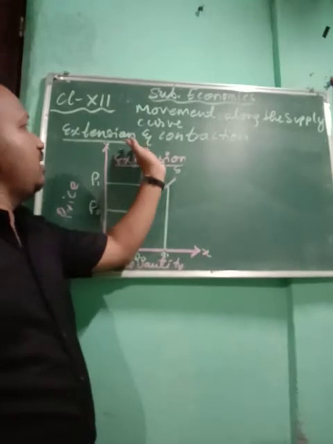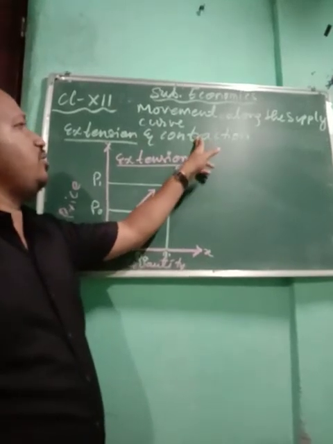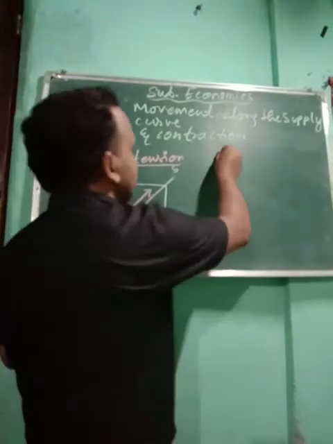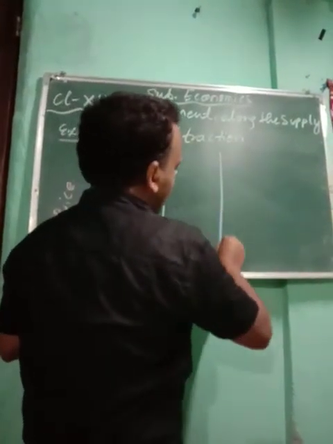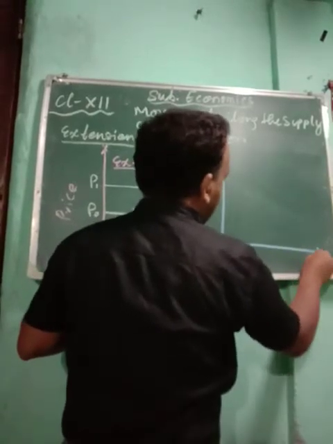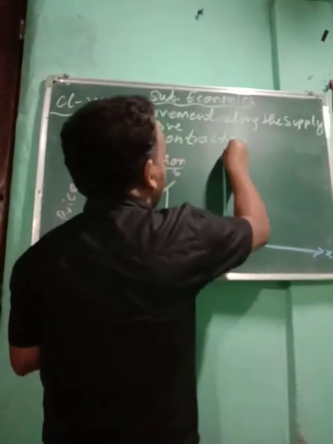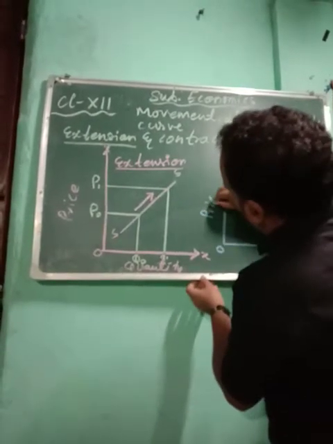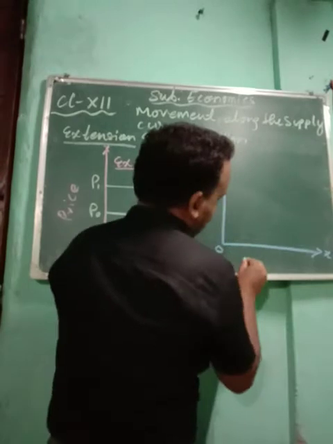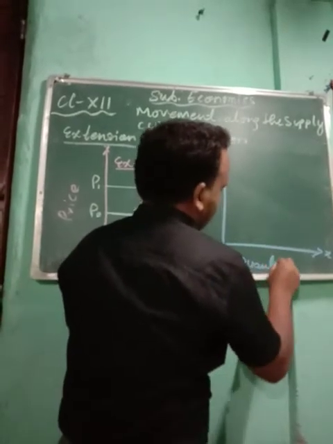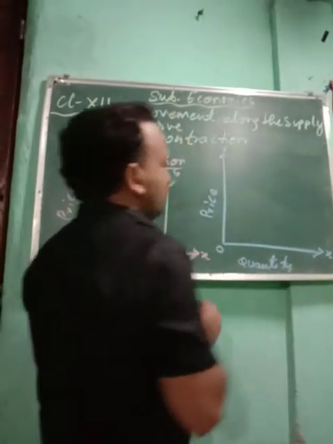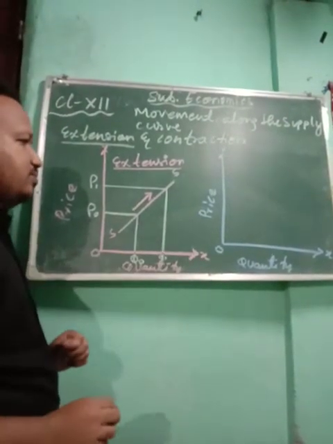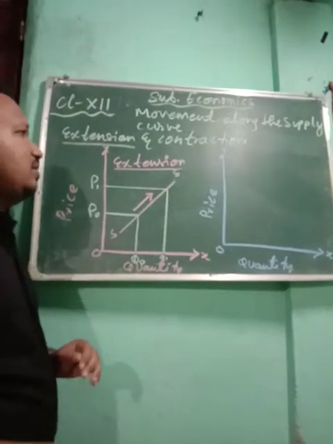Now we are going to see contraction. Contraction will be its opposite only. So please look at the contraction. In contraction also, you have to make the x-axis and y-axis, with 0, price on the y-axis and quantity on the x-axis. Now in this case we are going to see contraction.